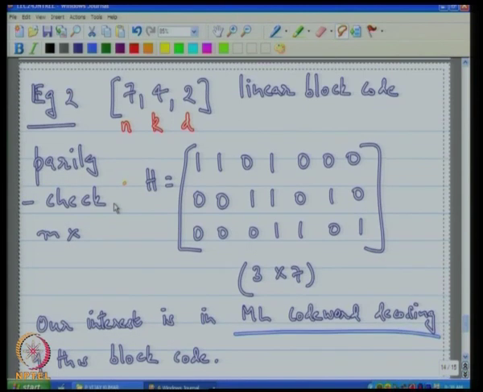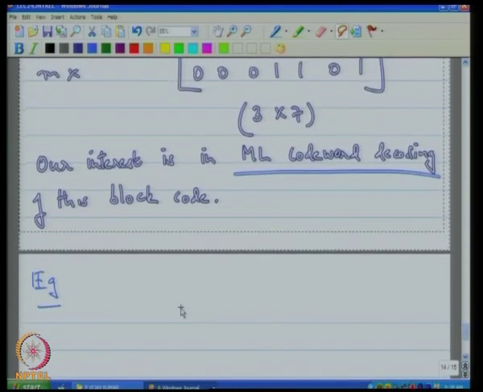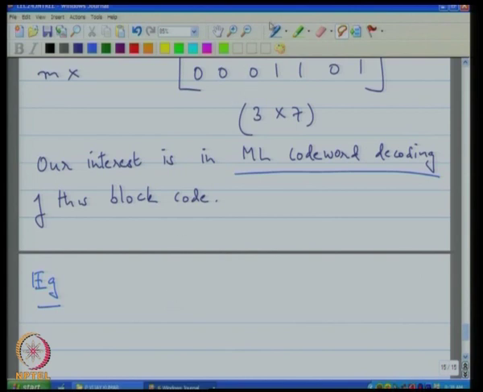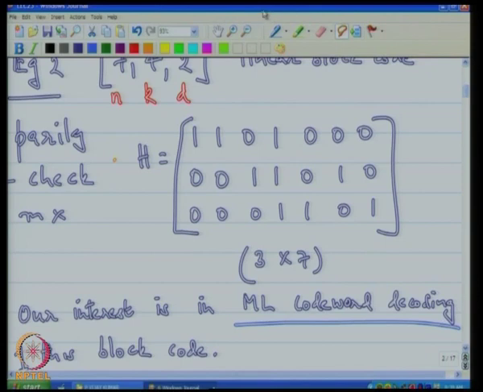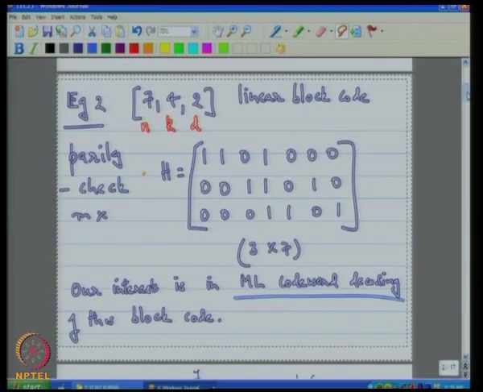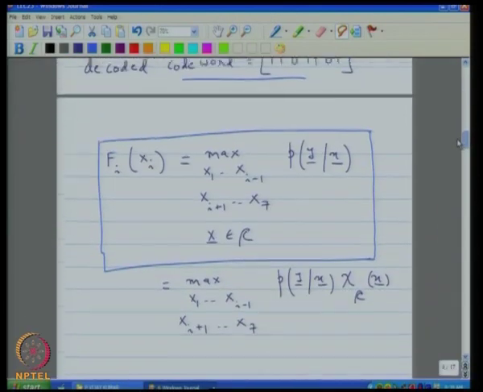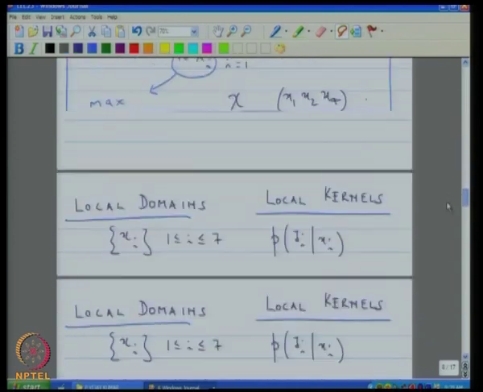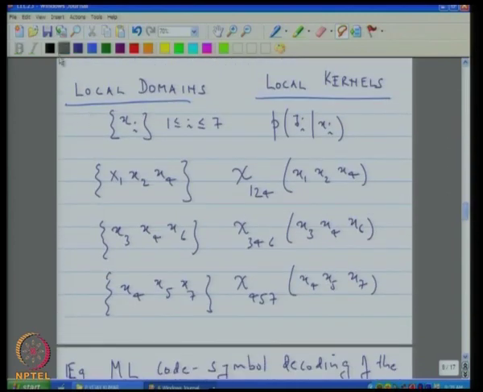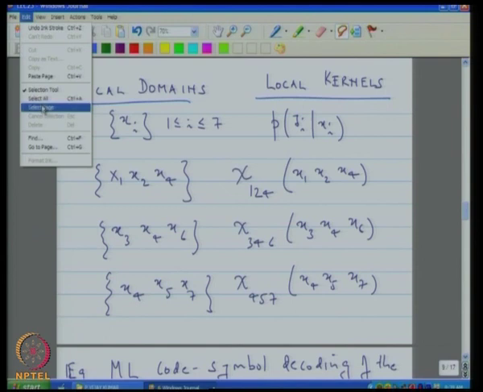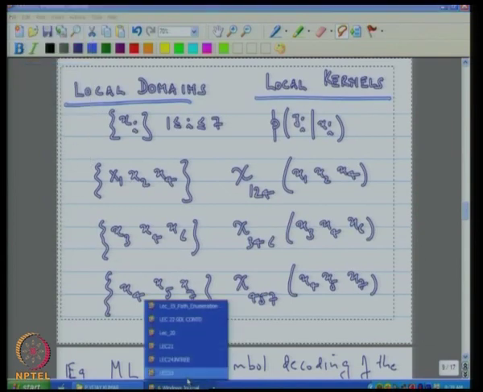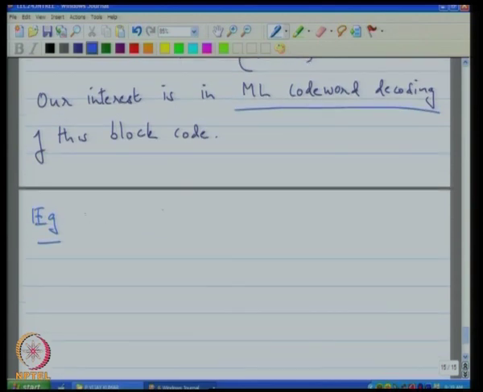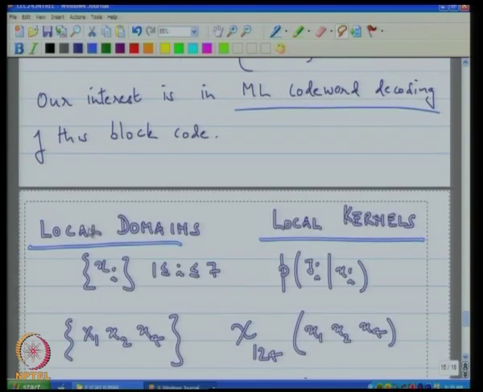And then I am also going to copy a second page from our last lecture, which was where we had listed the local domains.